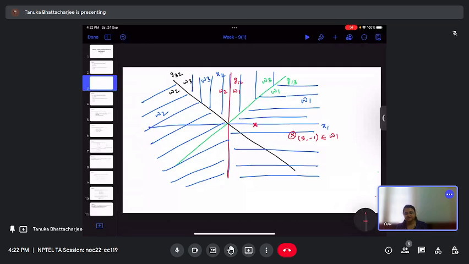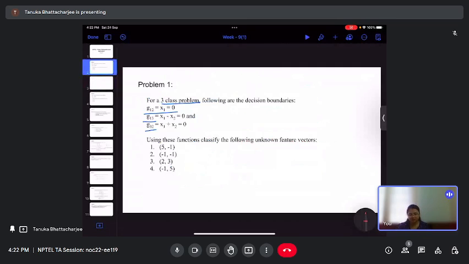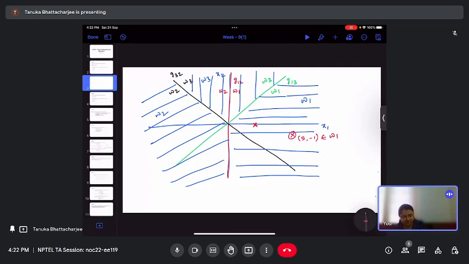Similarly, the next point is minus 1, minus 1. Where will it belong? It will belong somewhere here. This region belongs to class omega 2, so this point, minus 1, minus 1, will belong to class omega 2.